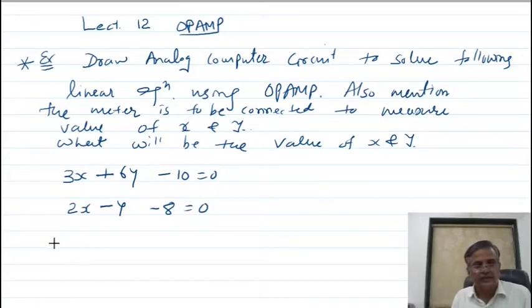These are two linear equations, and with the help of the op-amp we have to design such an analog circuit from which we can find the value of x and y. So let us start the discussion for this. It's very important, how to solve these linear equations.